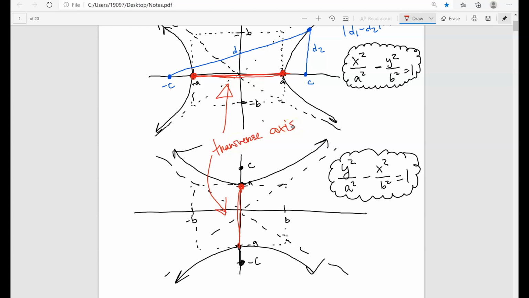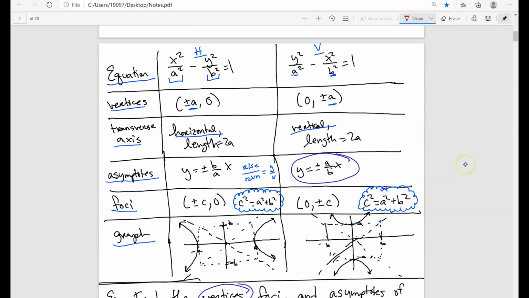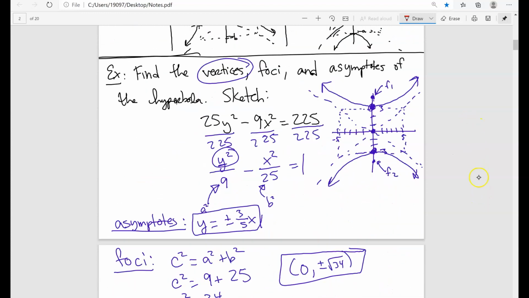If you want to know the length of it, you basically are just doubling a. It's kind of just like how we were finding the major axis for the ellipse, but now we have the transverse axis for the hyperbola, and I have the formulas here as well. Okay, so let's do one more problem.